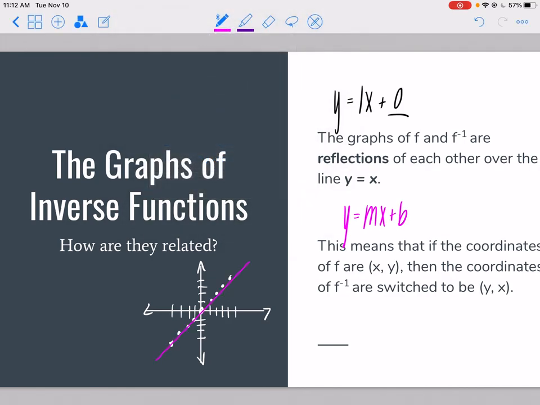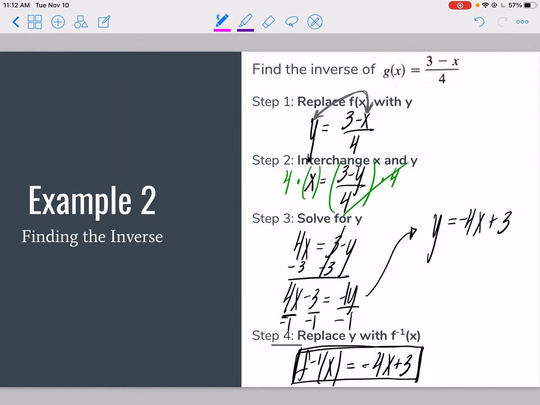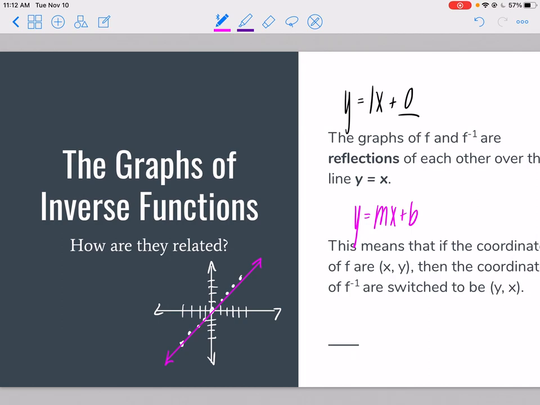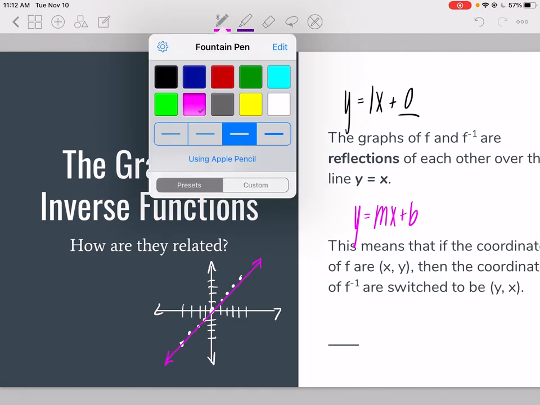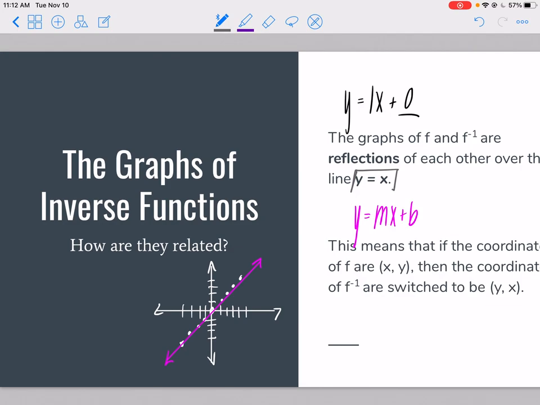And so also, it should make some logical sense because when finding the inverse here, we had to switch out x and y, that when you are looking at the graph, it is reflected or flipped over the line y equals x, because we're now saying with an inverse that y becomes x and x becomes y. So it's always going to be reflected over that line.